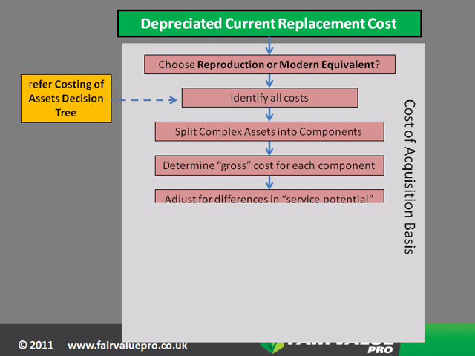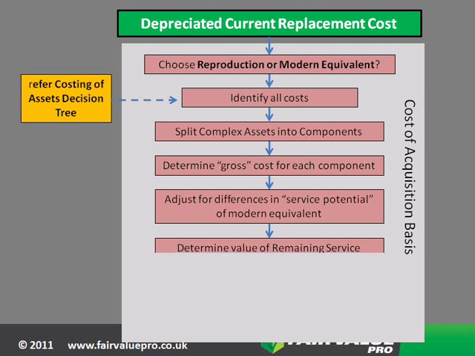The gross current replacement cost then needs to be determined for each component, taking into account any differences in the service potential of the existing asset and the replacement asset. The written down value needs to be calculated for each component using a fully compliant depreciation methodology. Finally, the various component figures need to be added together to provide the fair value for the entire asset.